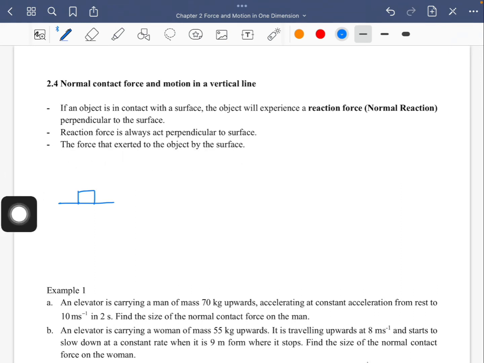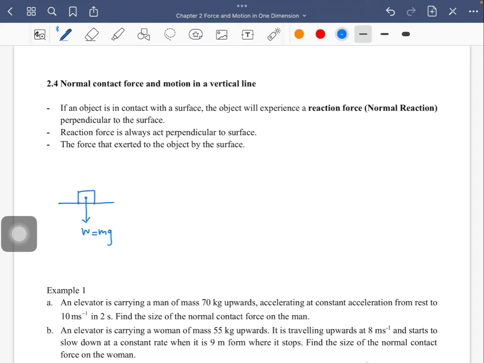Okay, so for this case, how do we draw normal reaction force? Remember in the previous subtopic, we have weight. For this case, weight is vertically downward. It equals mass multiplied by gravity. And the normal reaction force, or normal contact force, acts perpendicular to the surface, right?